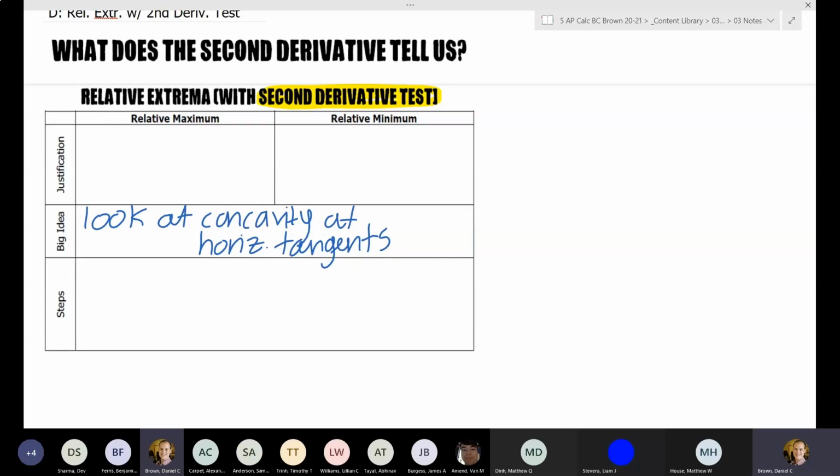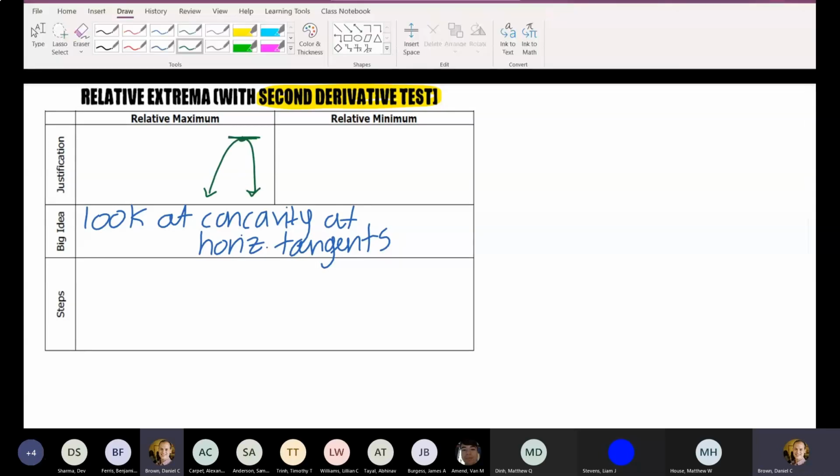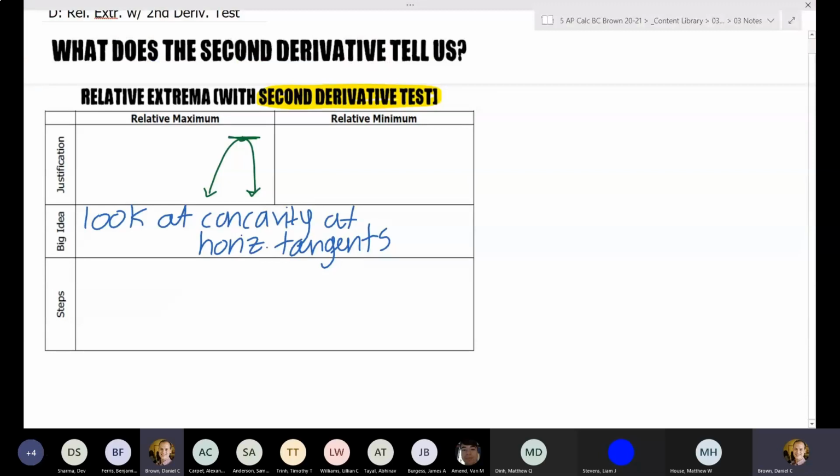So basically the idea behind this is if you have some function and you know that it has a horizontal tangent line, in order for it to be a maximum, that function is going to have to bend downwards away from that tangent line.